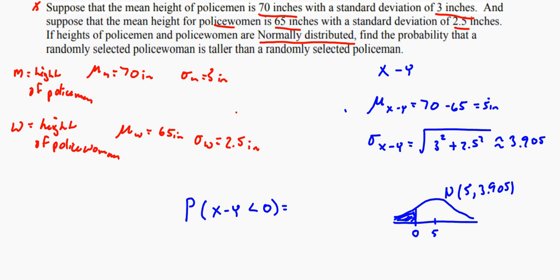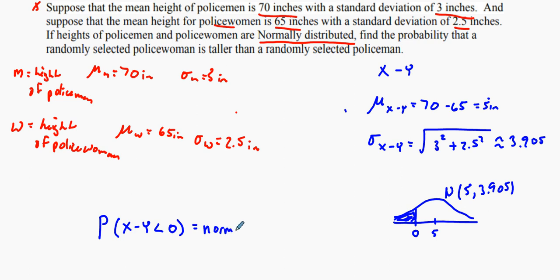I'll show you how to use a calculator. We put in our normal CDF. Our lower bound is going to be, let's just say, negative 1,000. Our upper bound is going to be 0.